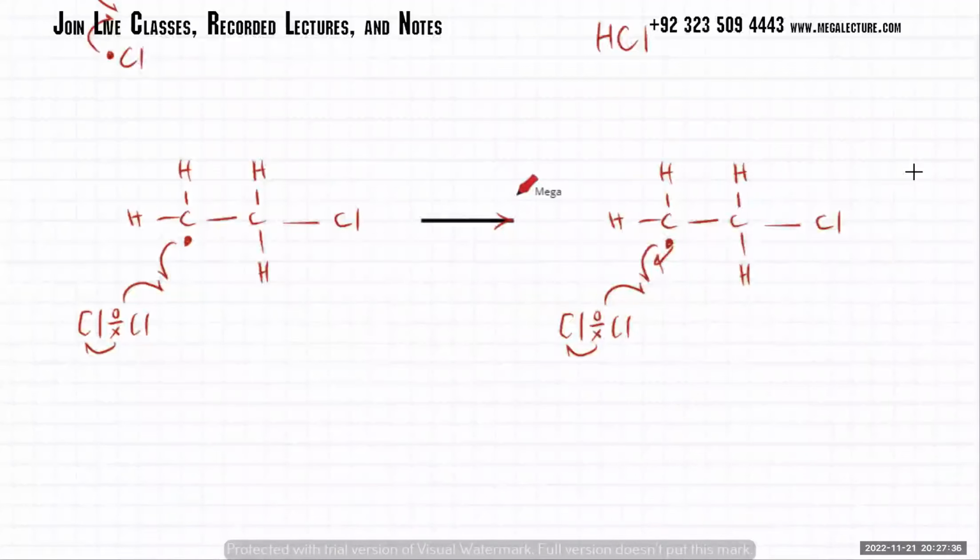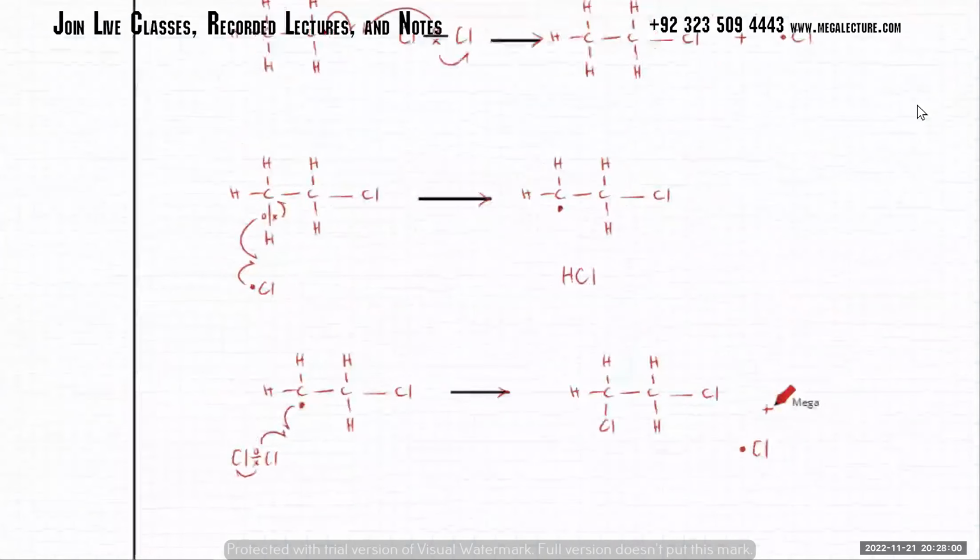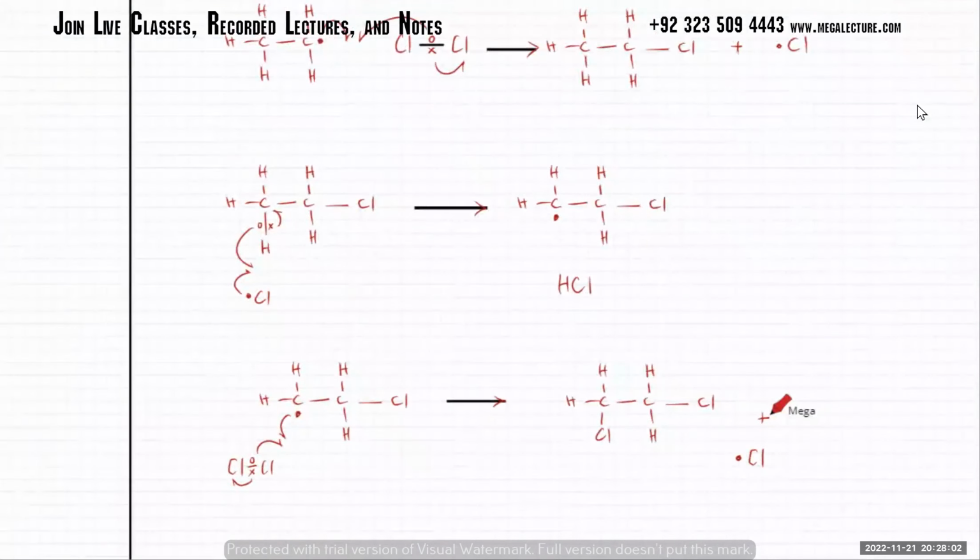So this Cl, and then the Cl radical gets formed again. Okay, so the process continues over and over again, and it will stop when all the hydrogens eventually get displaced.